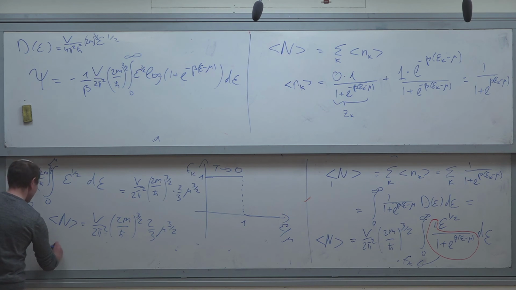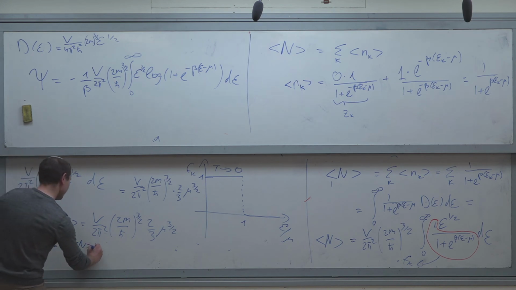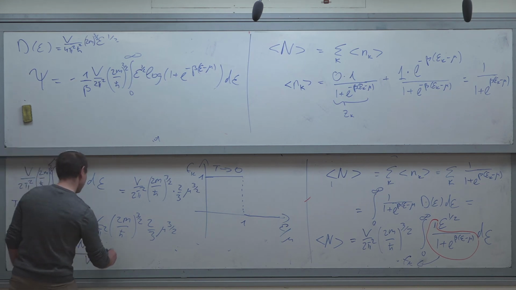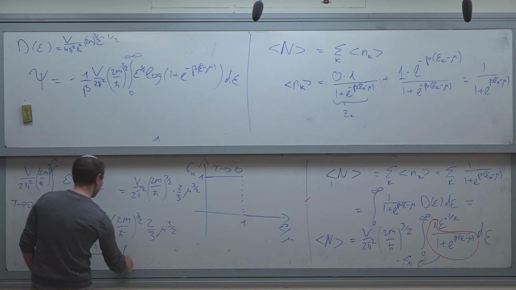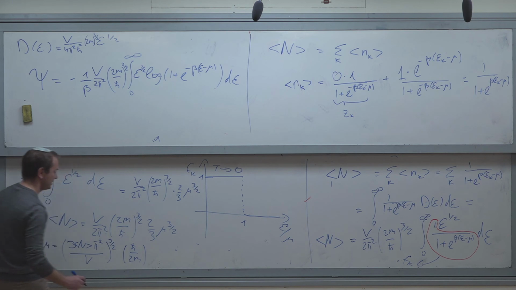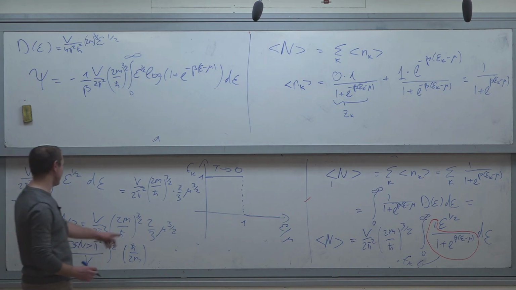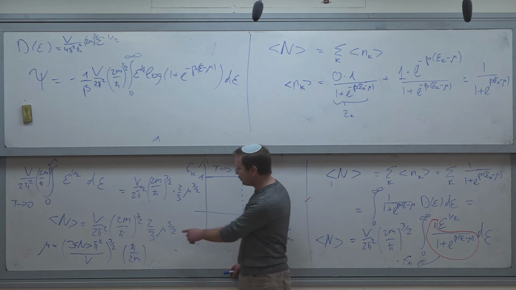So μ equals 3N multiplied by π² divided by V, all of this to the power of 2/3, multiplied by ħ²/2m. Why is it 2/3? Well, μ was to the power of 3/2.